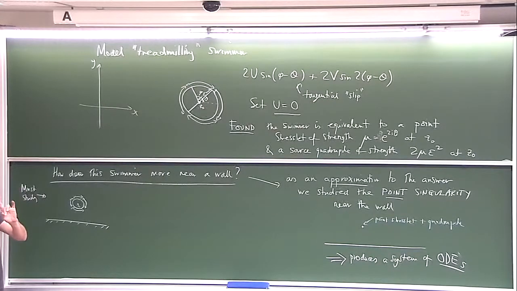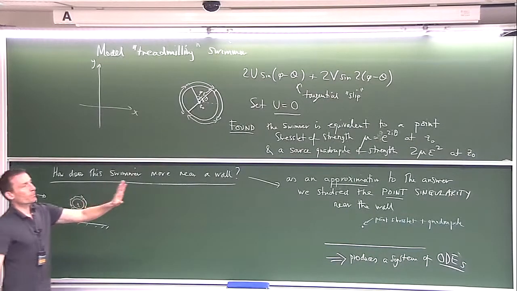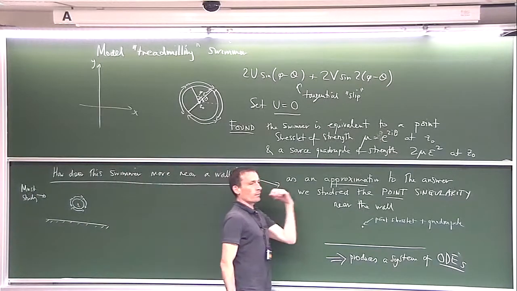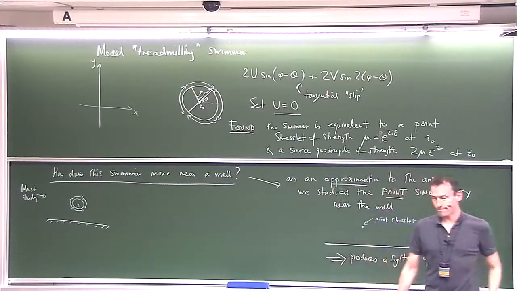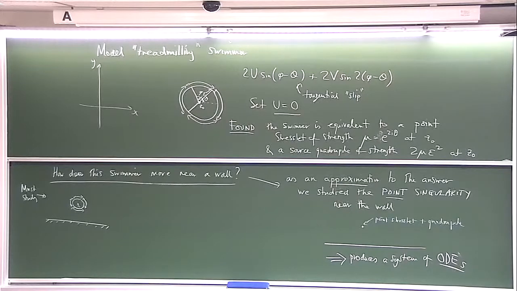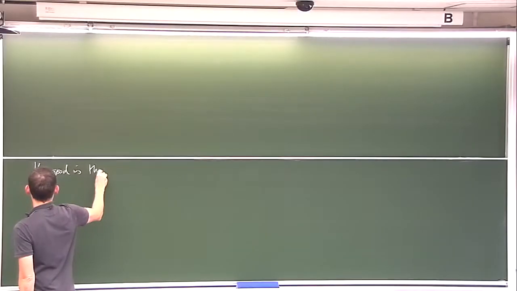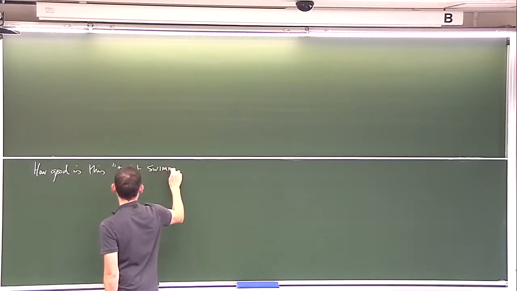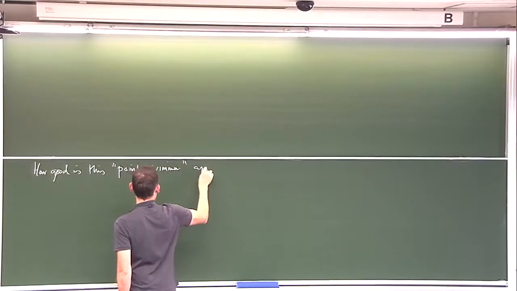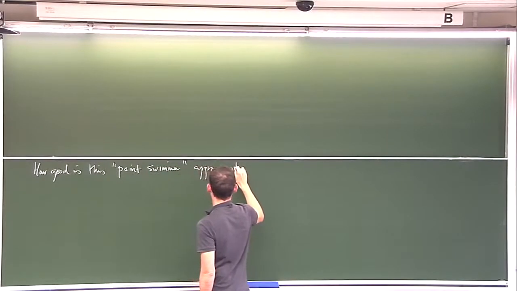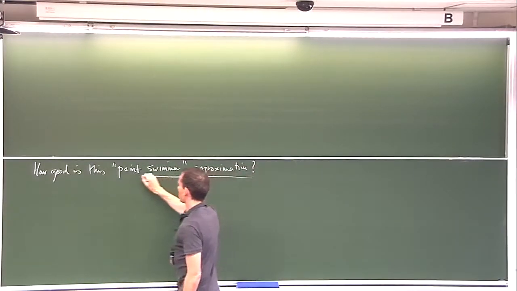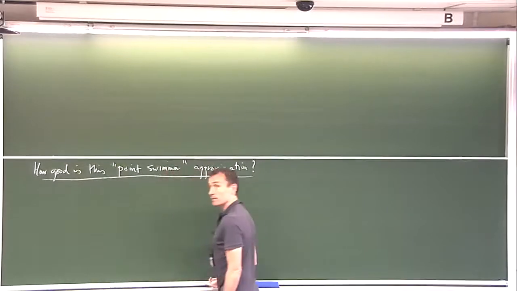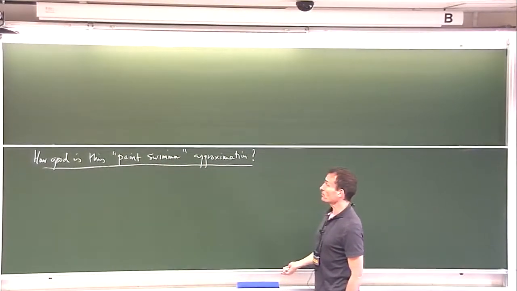And so the question remains, this is an approximation to this problem, but how good is it? So the question is, how good is this point swimmer approximation? And that's the question that I want to answer for the first half an hour or so.